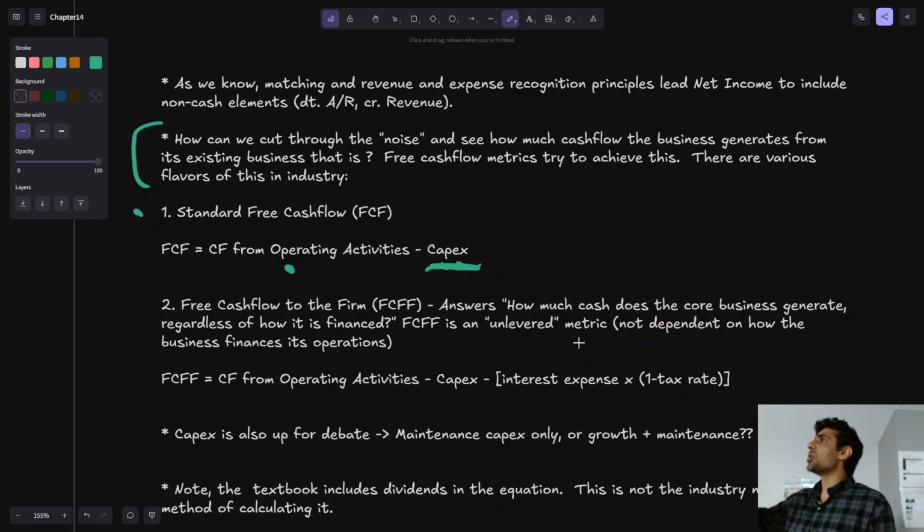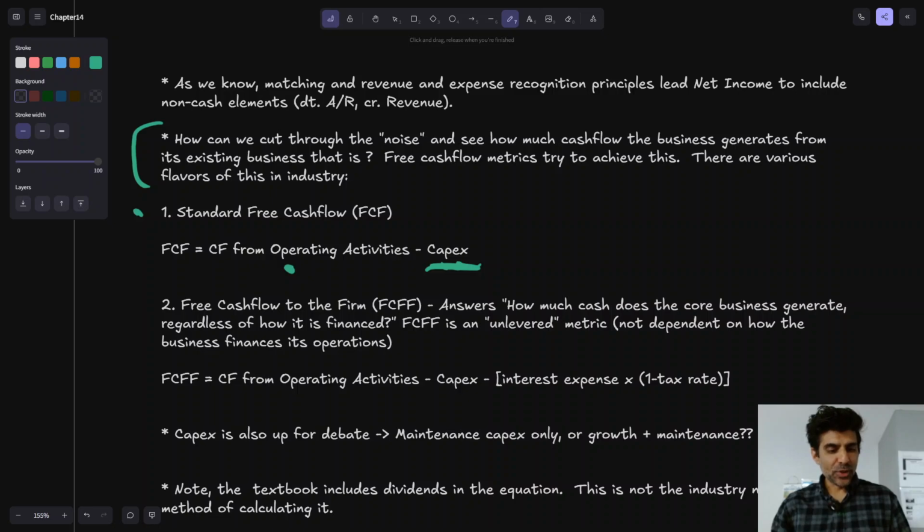Some people will just use from the investing section the total amount of investments made. But that is distorting because if the business is in a growth phase, they're not only investing to maintain the current business, they're trying to grow it, right? So this is why it's ambiguous as to what number is the right number. There is no right number technically.